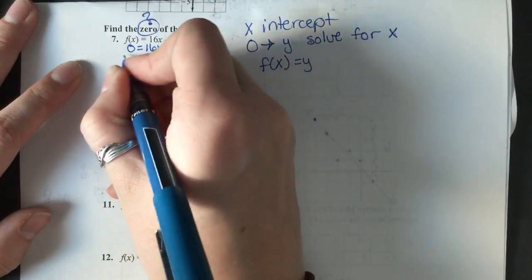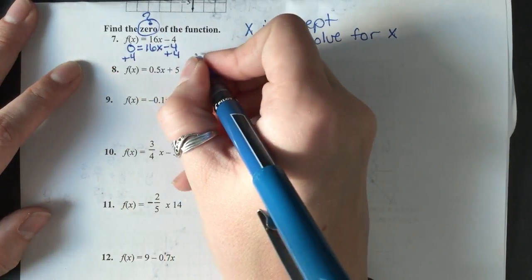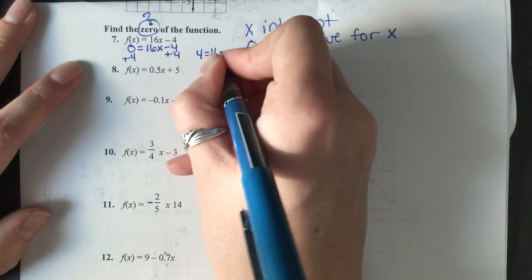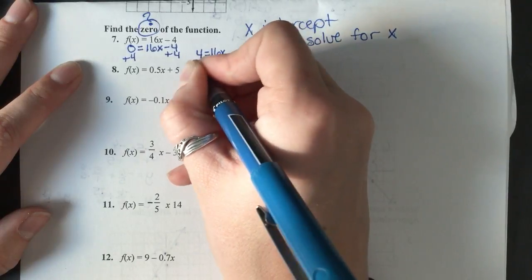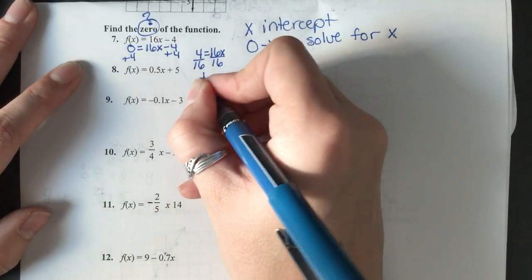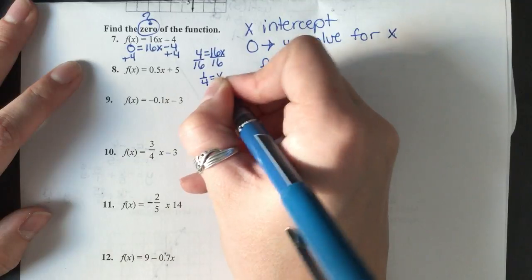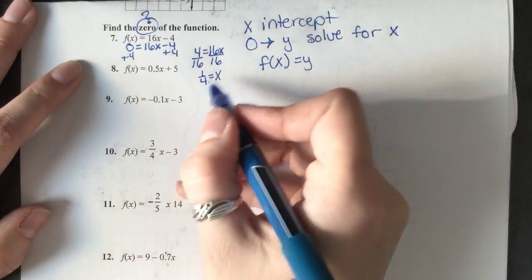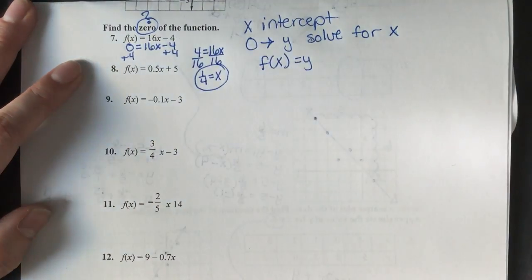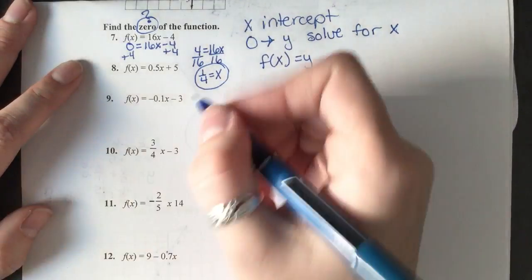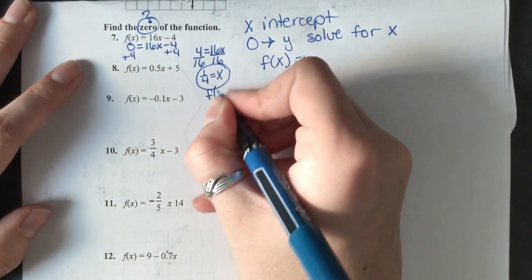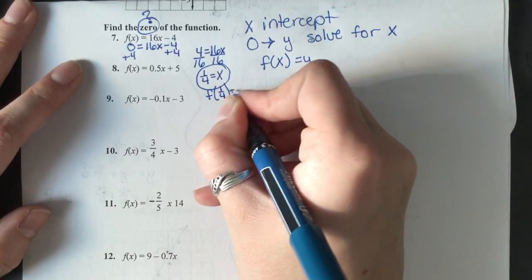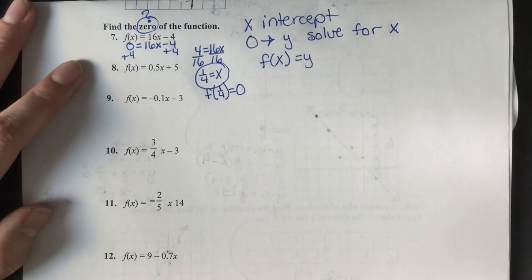Plus 4, 0 plus 4 is 4, equals 16x, divide by 16, divide by 16, 1/4 equals x. Okay, so the 0 of the function is 1/4, or f of 1/4 equals 0.